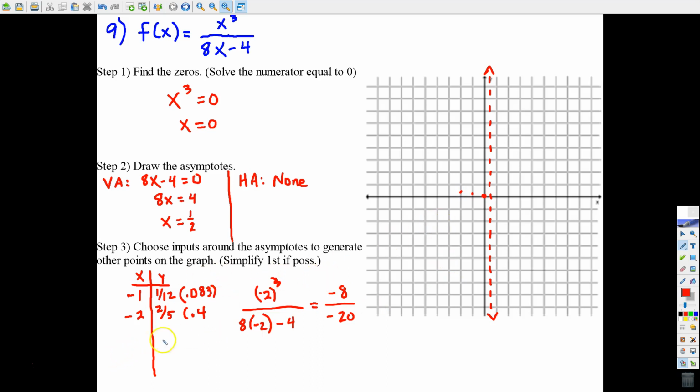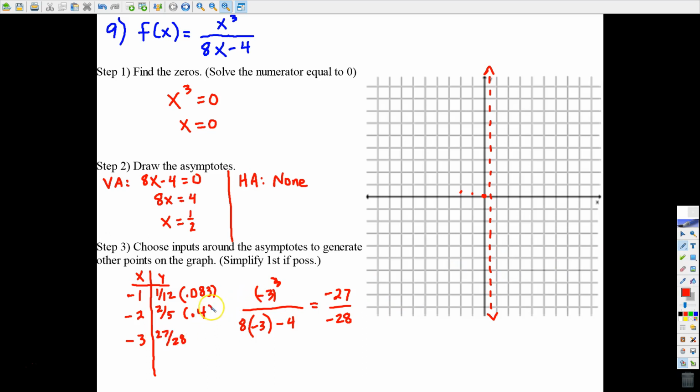Alright, let's keep going. We can get a good picture of what's happening. -3. If we use -3 as an input, what do we get? Okay, so I've replaced both of the x's with -3, and we'll see what comes out. -27 on the top, -24 minus 4, which is -28. That's almost -1. So we'll do positive 27/28.